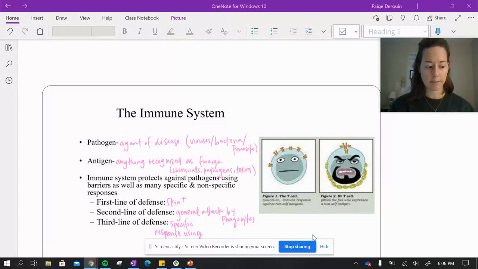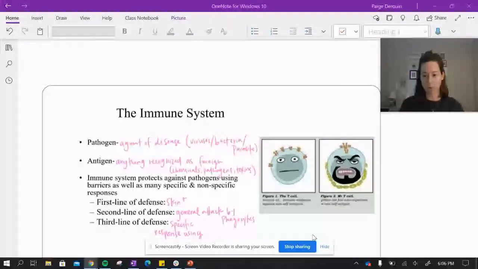So, this is really going to be just an overview of the immune system. It's very, very complex. There are whole semesters of courses in college and graduate school that you can take that are just about the immune system. So, this is a very surface level introduction to the immune system, especially as it relates to cell signaling, which we talked about before break.